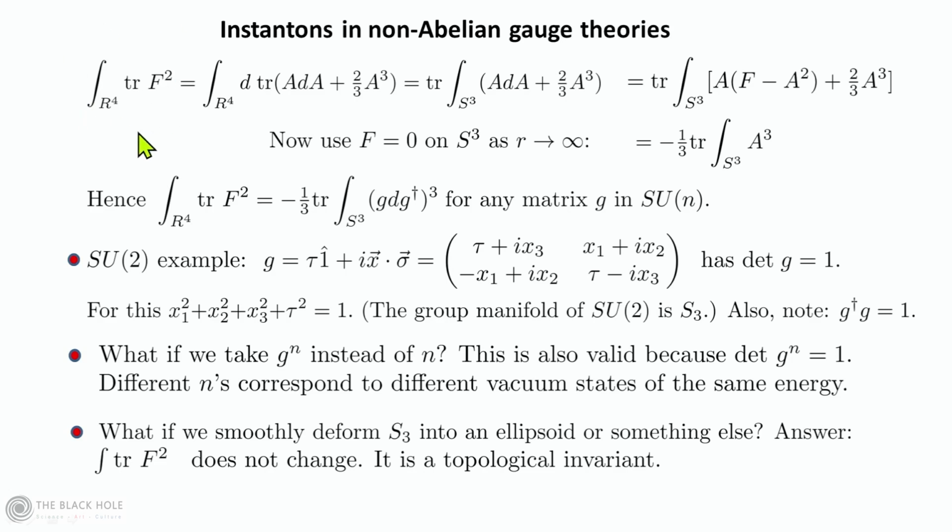Answer is no. What if you distort it in some terrible way, but the manifold doesn't cross itself? You're not creating holes, and you're not creating corners. The action doesn't change. So this is what is called a topological invariant.